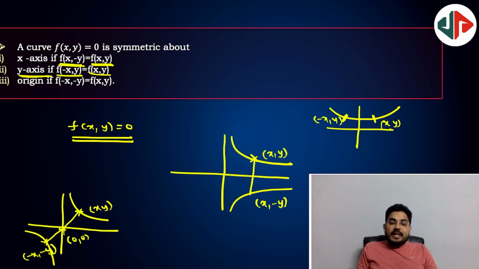So it is symmetric about the origin if f of minus x comma minus y is equal to f of x comma y.